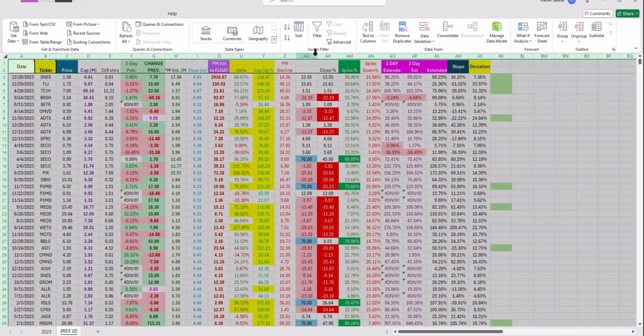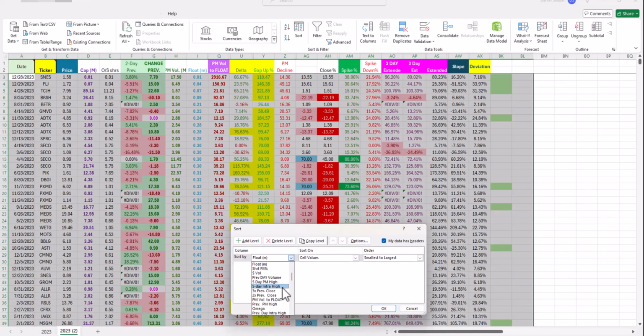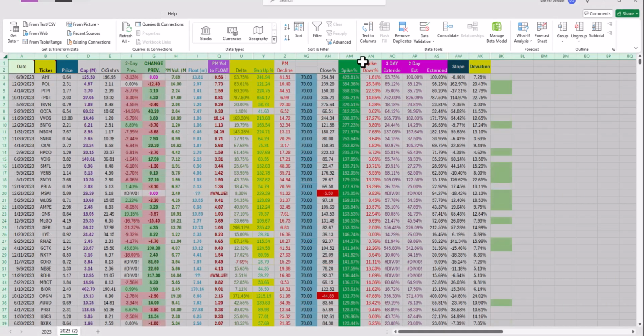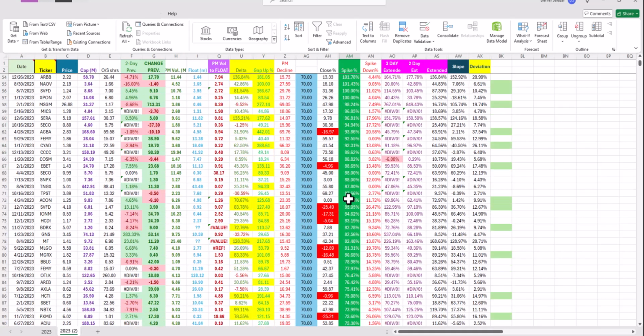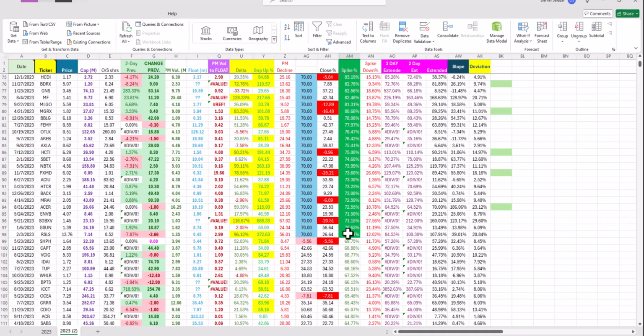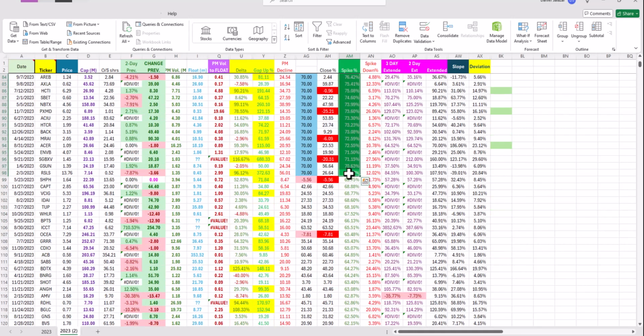So I'm going to sort it by spike, with the largest on the top. As you can see, these spike very much: 400, 300%, 200s, 100s. Anything that is green is anything that has spiked over 70%.